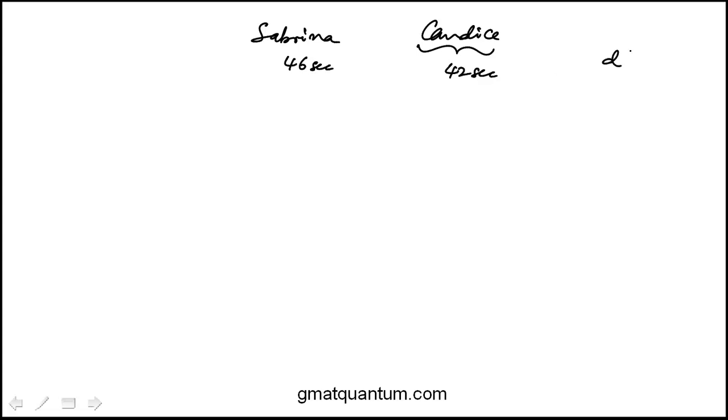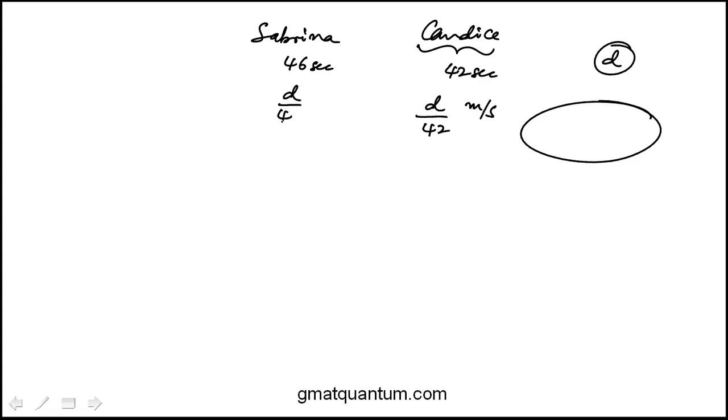So if D is the length of the track, the entire length, the rate of Candace is D over 42. Let's just say it's D meters, so we have meters per second, and that's for Sabrina. So the difference in their rates is the distance that Candace is gaining over Sabrina every second.